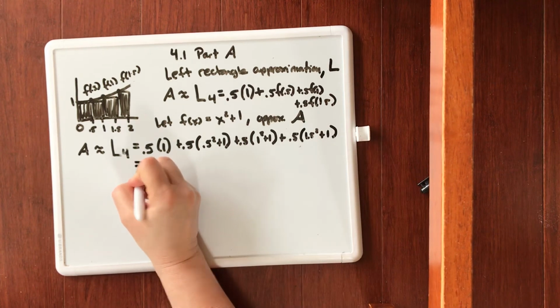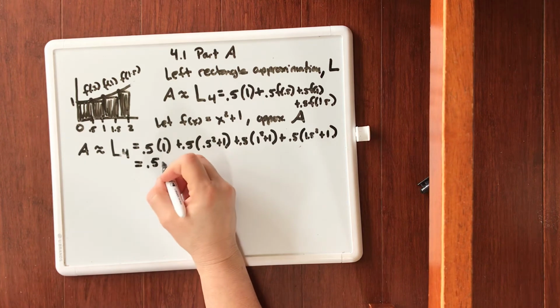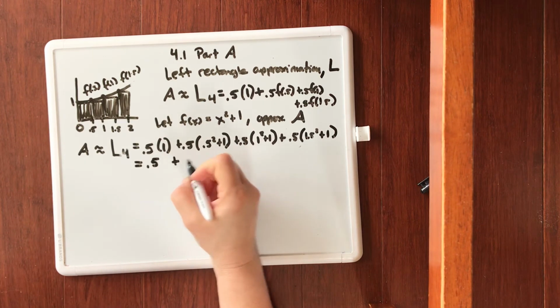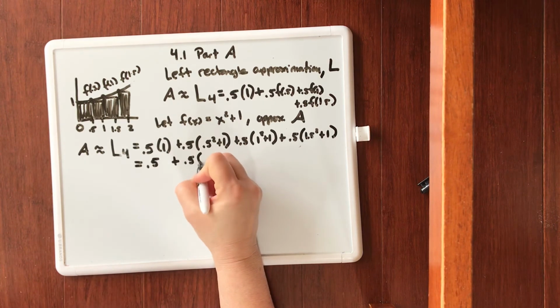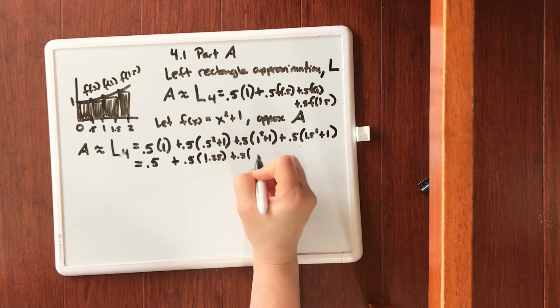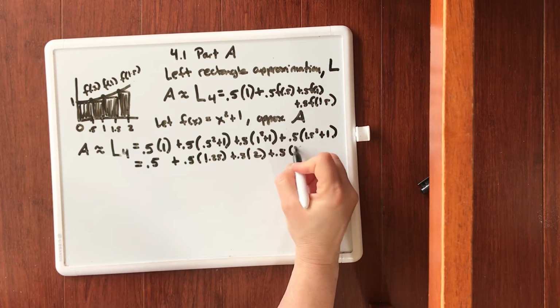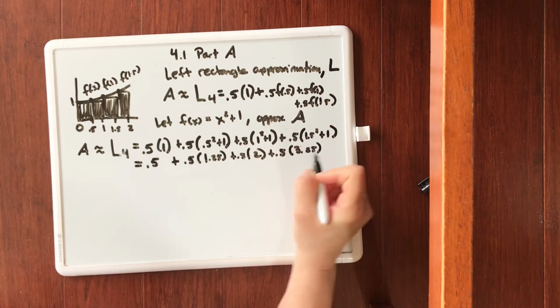All right, so let's simplify. 0.5 plus 0.5 times 1.25 plus 0.5 times 2 plus 0.5 times 3.25.